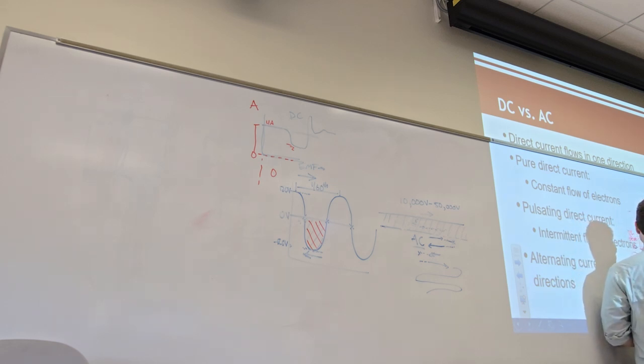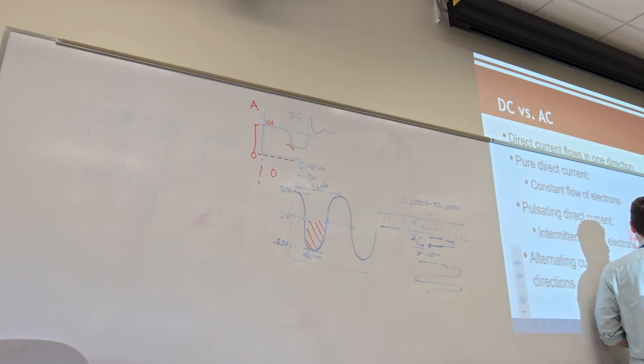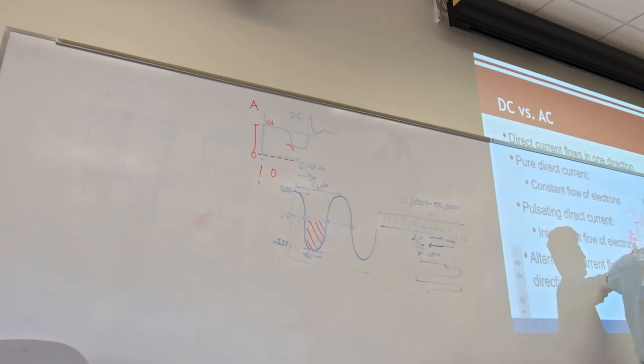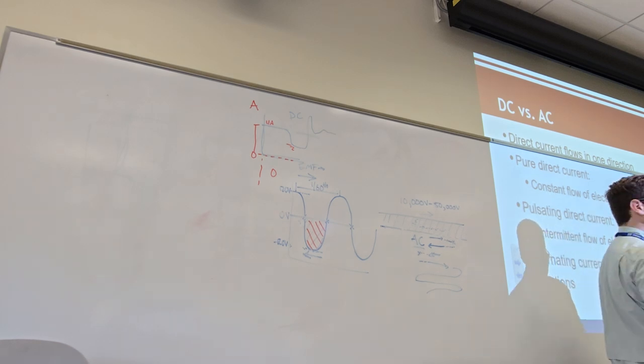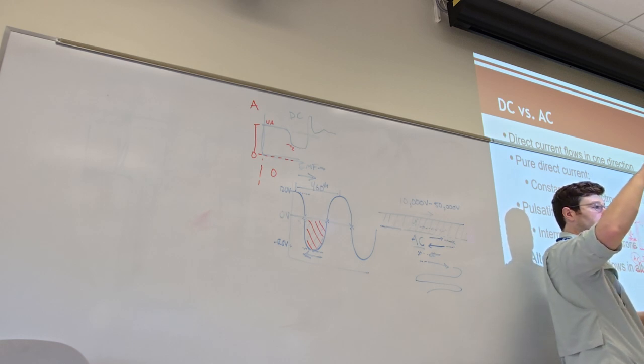DC coupled signal is where we're just looking at that signal compared to our reference. So if it's all the way up here, we don't care, we're going to display it as is. Sometimes that's off the screen of your oscilloscope, though.